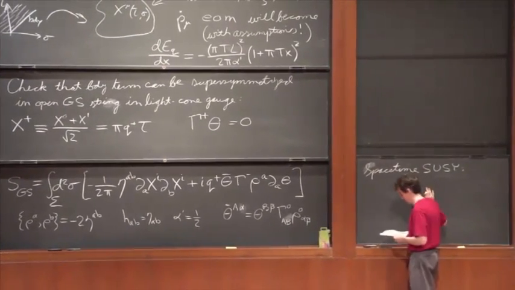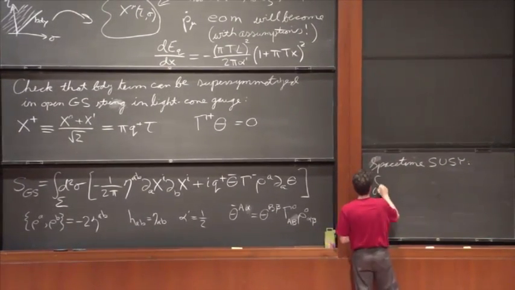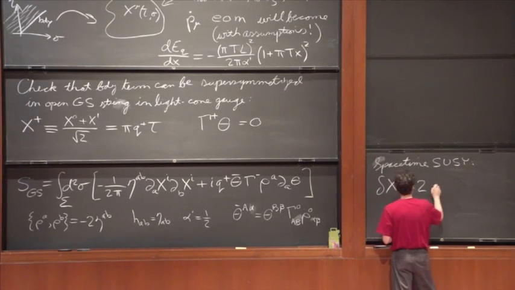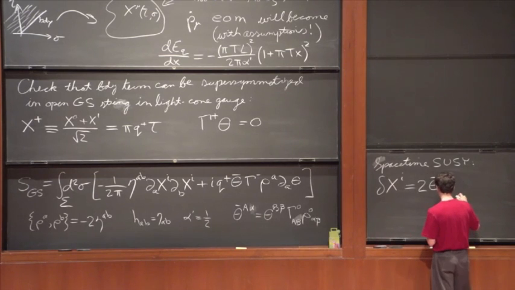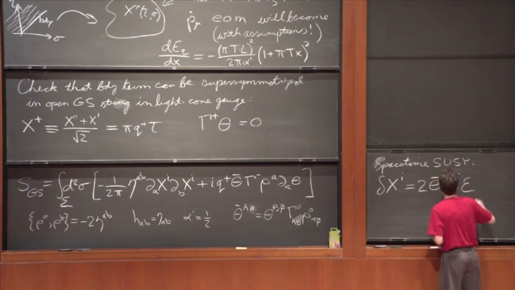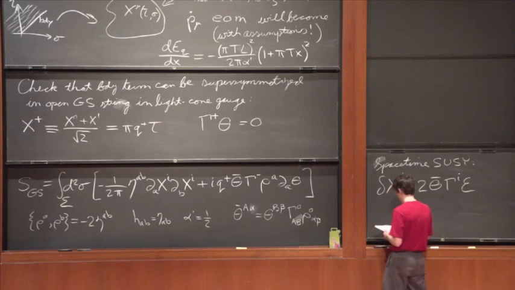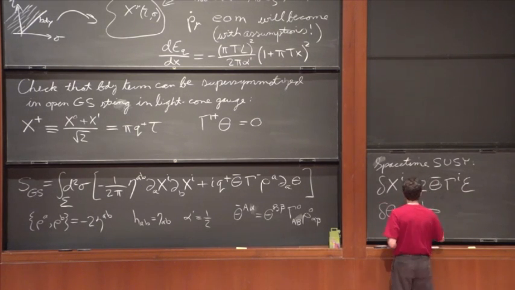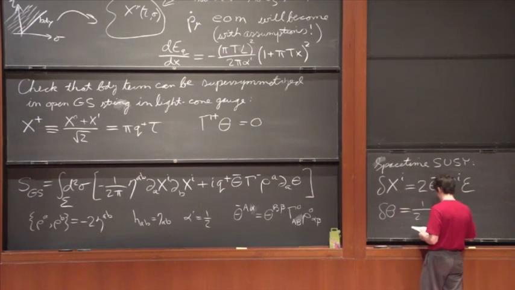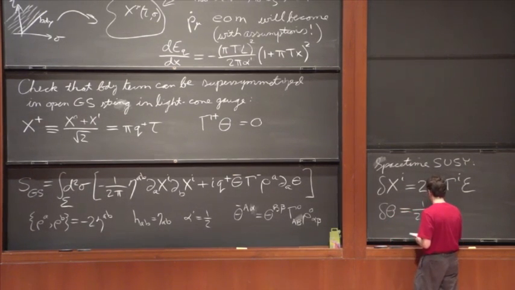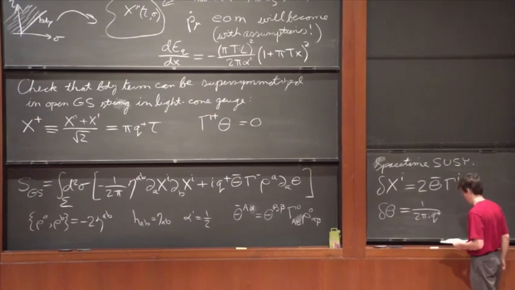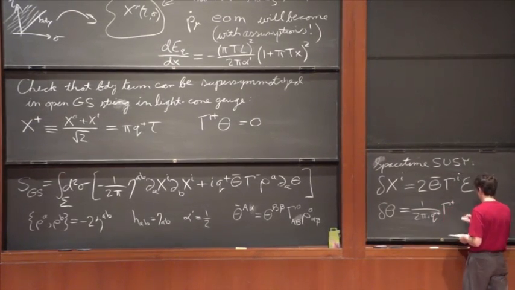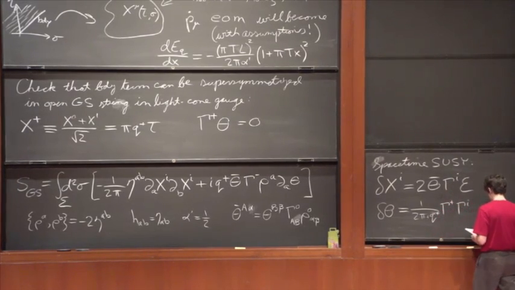The supersymmetry transformations are delta X^I equals 2 theta bar gamma^I epsilon, and delta theta equals basically partial_alpha X with some fancy prefactors so that the variation of that Green-Schwarz action will vanish.